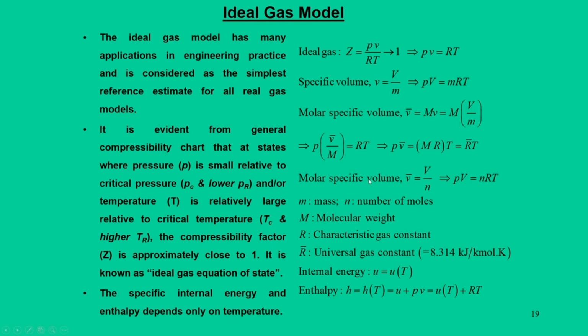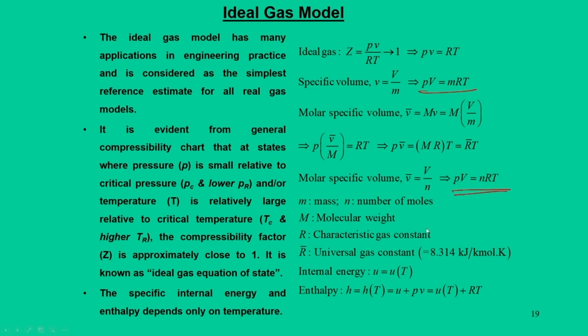Then based on this, we can write P V bar is equal to R bar T. Molar specific volume is defined by V bar is equal to V by n. So, PV is equal to nRT. One equation is PV is equal to mRT, the other is PV is equal to nRT.